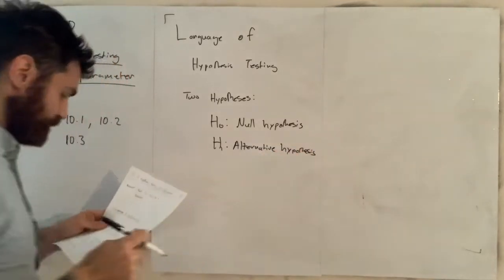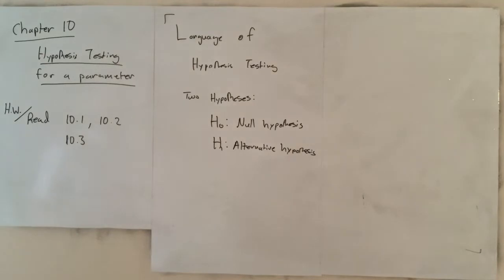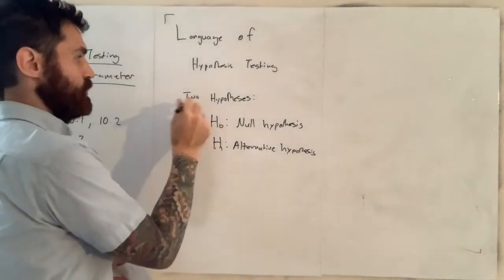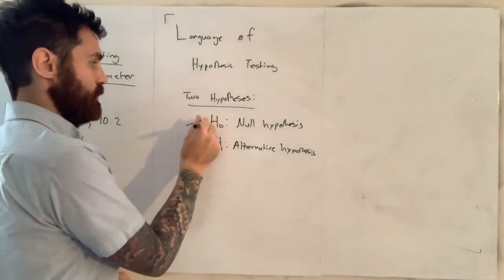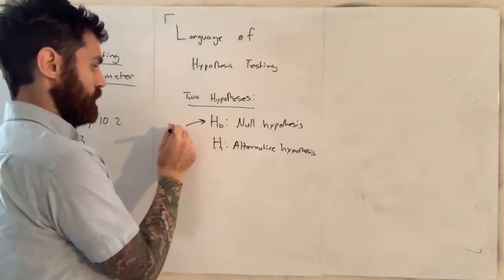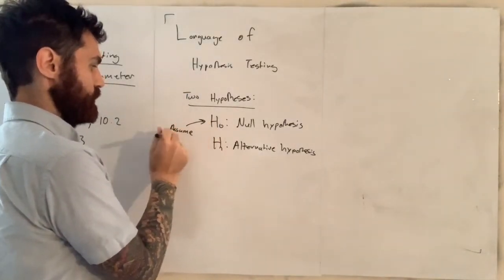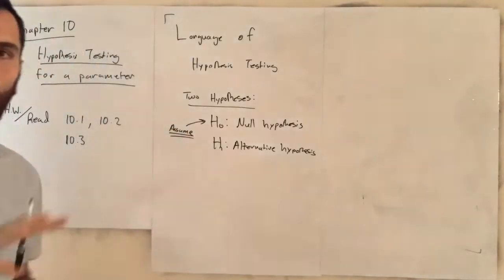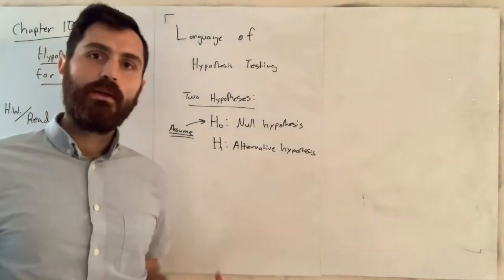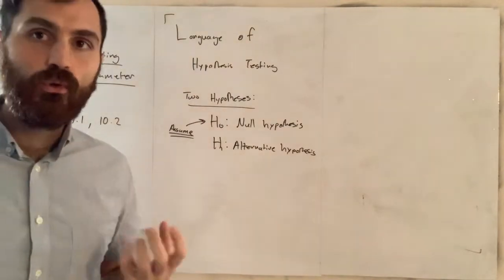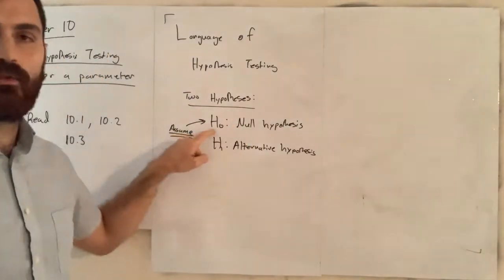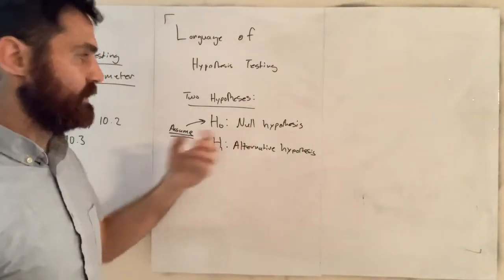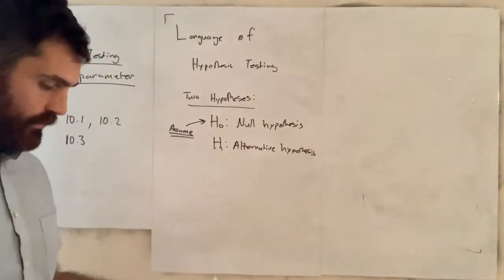And how we're going to go into our tests is we're always going to assume the null hypothesis. So we always assume the null hypothesis. And what that means is we treat it as a true thing. It's the way the world is. It lives according to this assumption here.